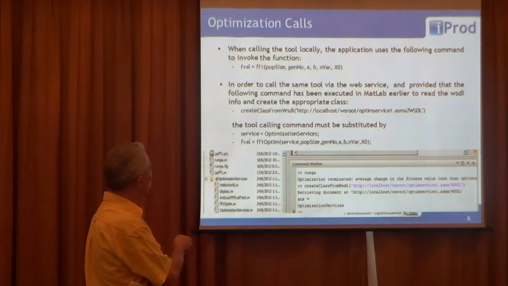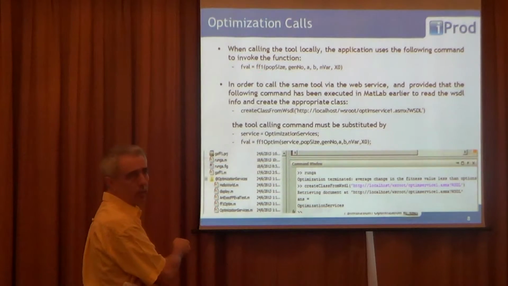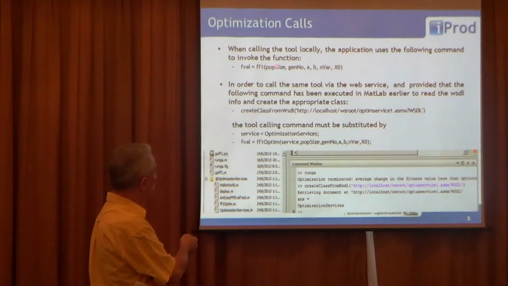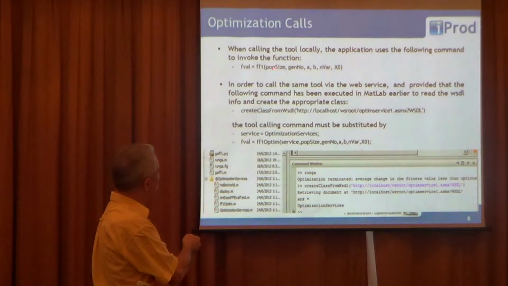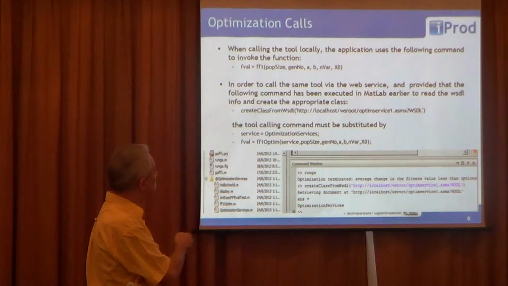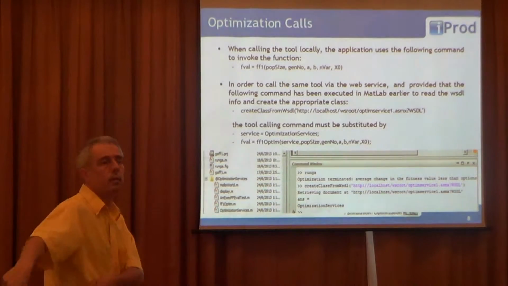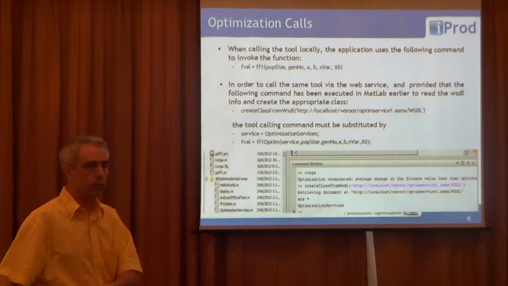For example, if I want to call a genetic algorithm with a population size and some generations and some parameters that we have to run, locally it was a simple line of code, and I was calling the local ff1, fitness function 1.